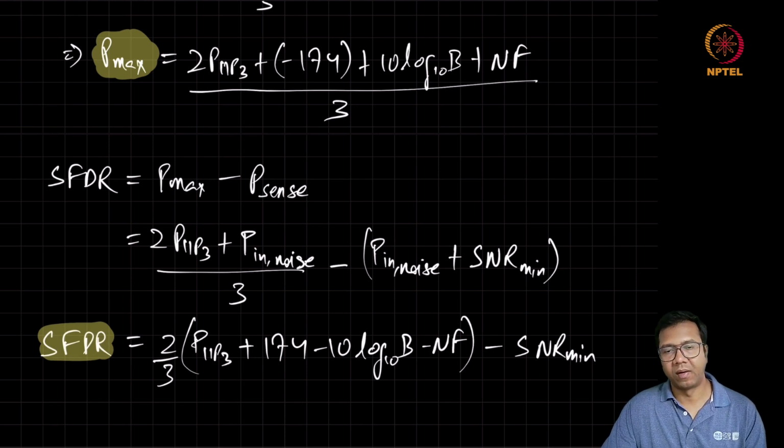So now we have got an idea about what is going to be the dynamic range in the presence of noise as well as the nonlinearity of a system.